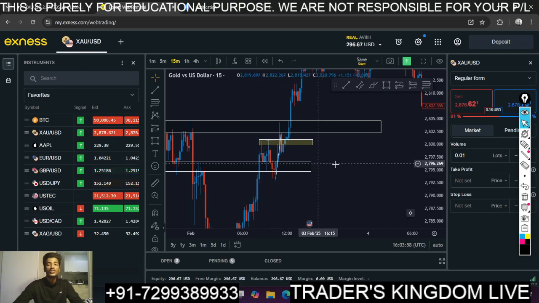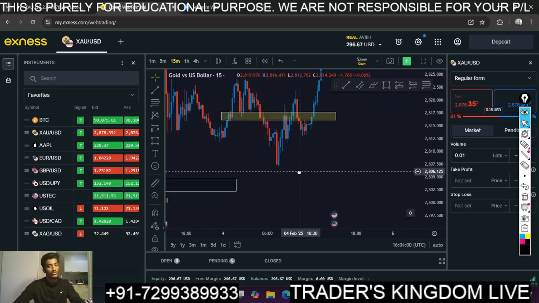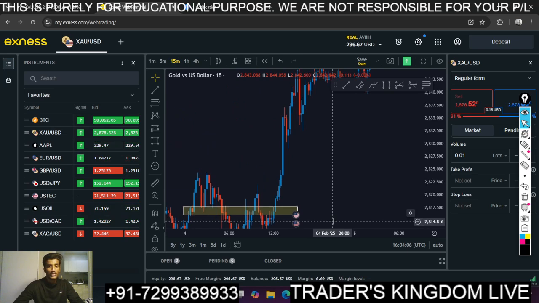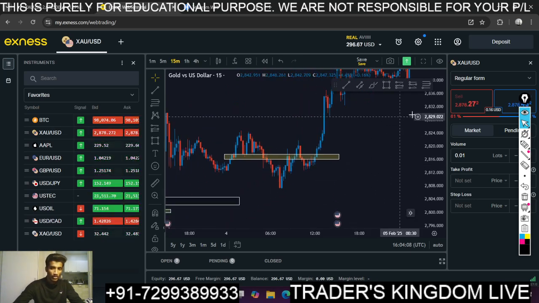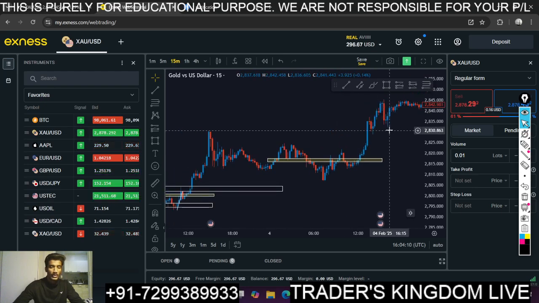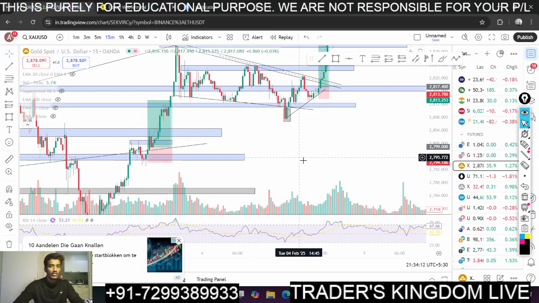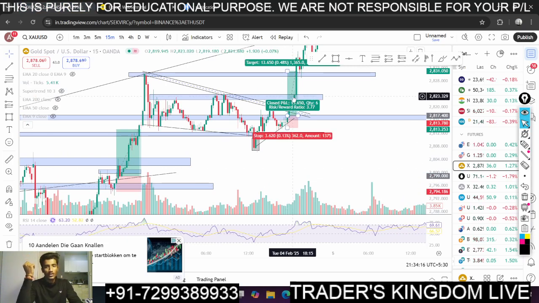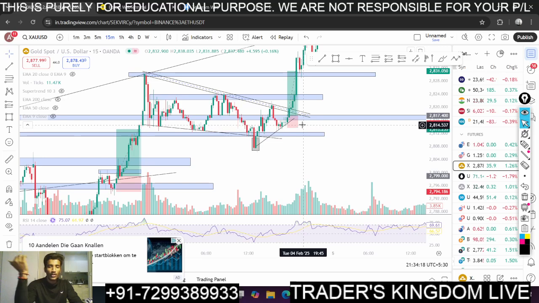So with $6, I captured about $32, which is 1:5. And for this trade, the risk was around $7. I captured $28. That is around 1:4, right? So that is the kind of potential we're talking about with the setups, right?